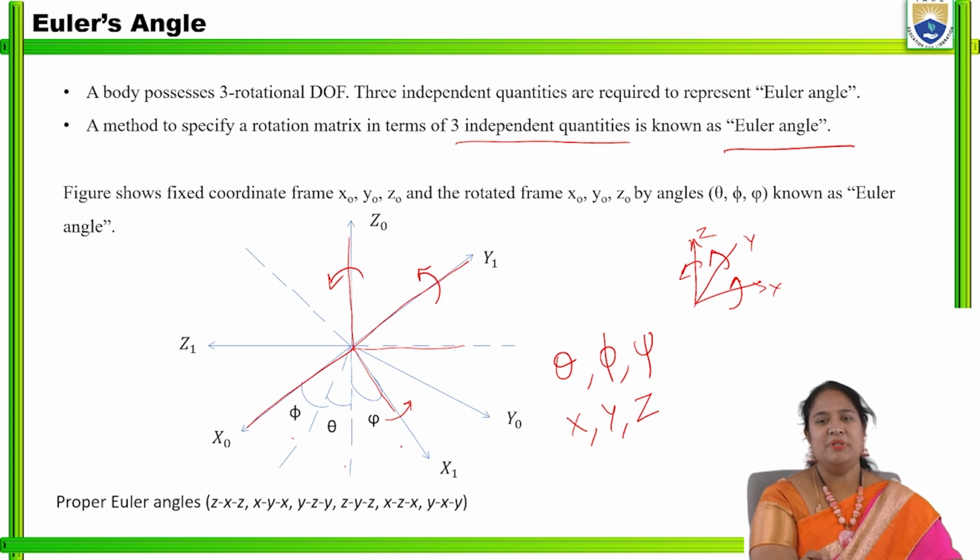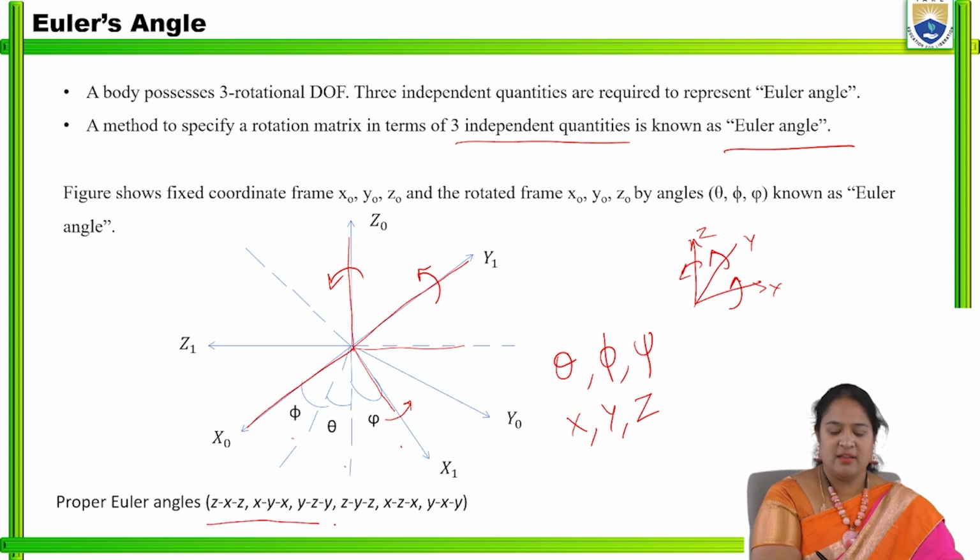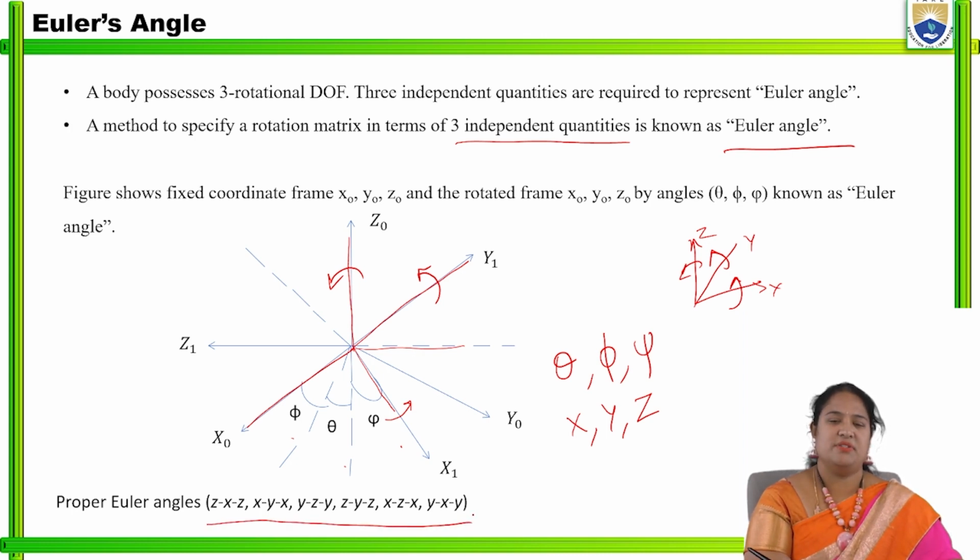Generally, for any proper Euler angle determination, we will be taking these coordinate systems: zxz, xyx, yzy, zyz, xzx, or yxy.